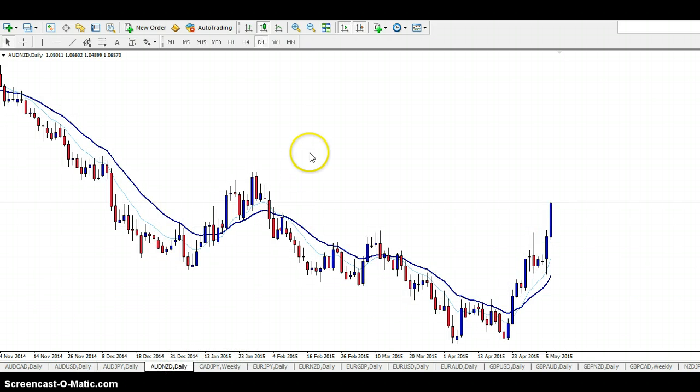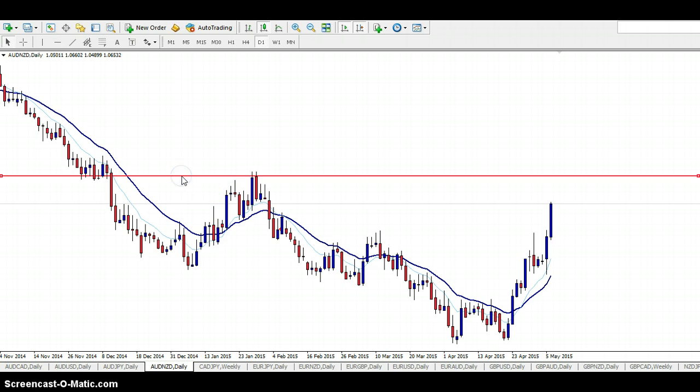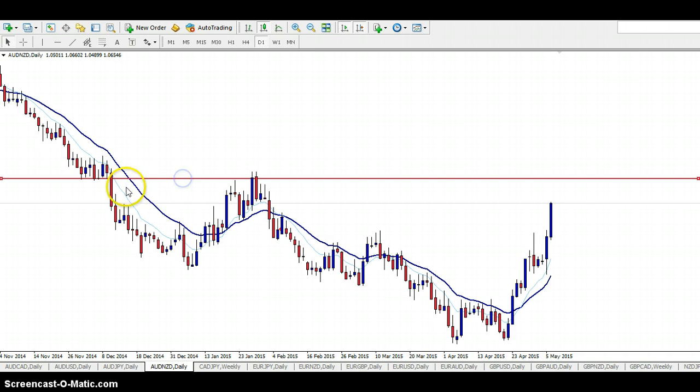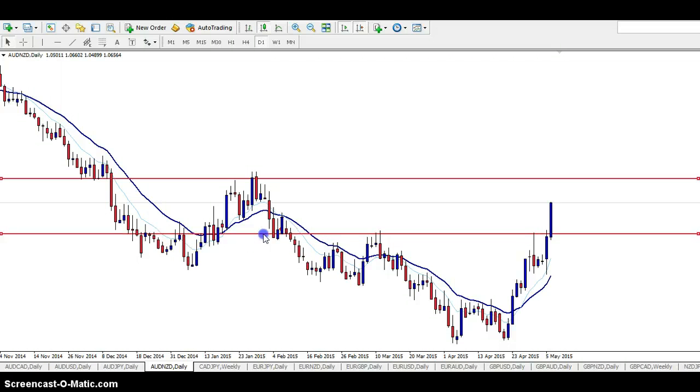Alright, we'll have a look at the Aussie New Zealand. So we get our horizontal line. Sorry, I had a mind blank. Here we go. I can already see one right here. Let's see if it comes up and tests here. Where else do we have support and resistance? Here, as you can see, about here.